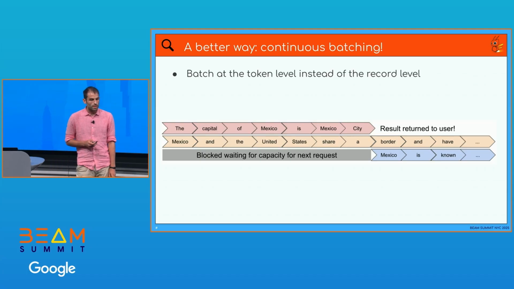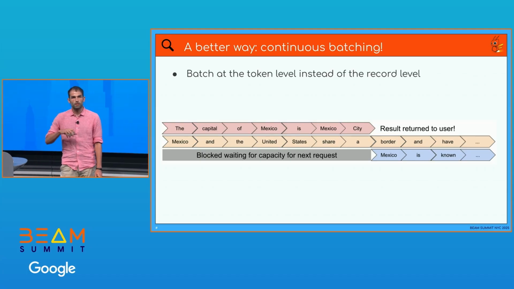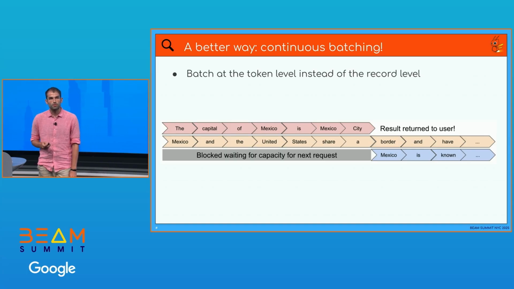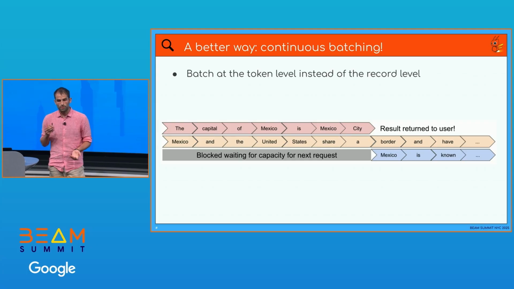The main thing this enables is you don't have to wait for a big, long inference to complete before you can return the result of your initial inference. You can see an example illustrated here. There's no wasted compute because the model is always operating on the optimal number of batched records at any given time, and you get your response back faster.